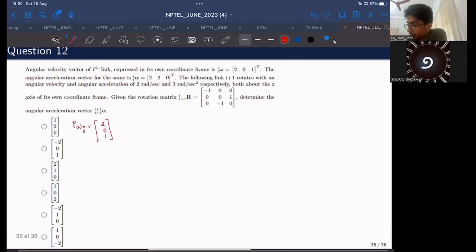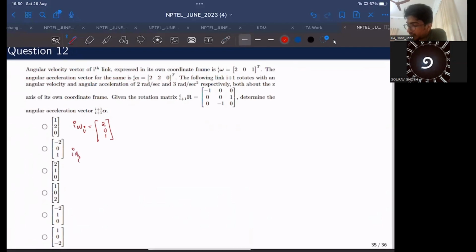So we have also been given I alpha I as 2, 2, 0. And the next sentence says the following link I plus 1 rotates with an angular velocity and angular acceleration of 2 radians per second and 3 radians per second square.